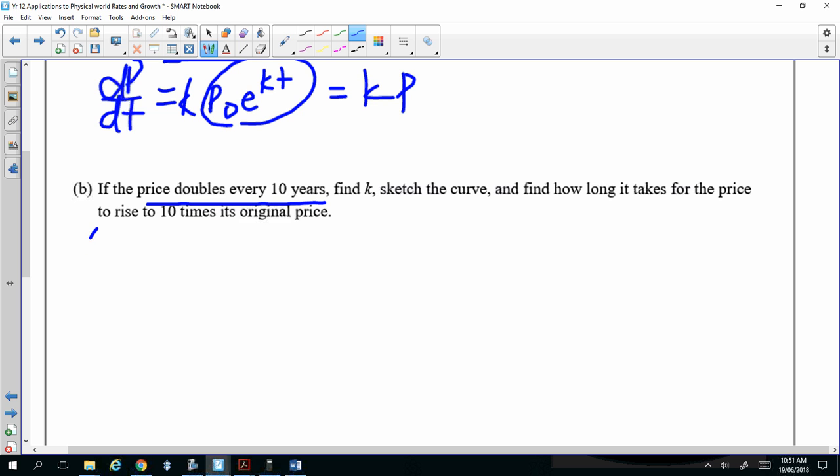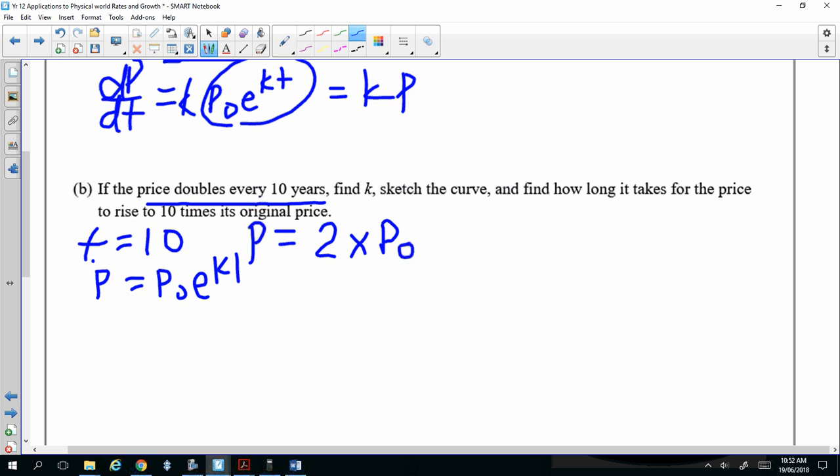The initial price is P0, which is a constant. So now we're using this formula, P equal to P0 e to the power of kt. I could now replace the P by double P0. Double P0 equals P0 e to the power of k times 10. Because after 10 years, the price got doubled.